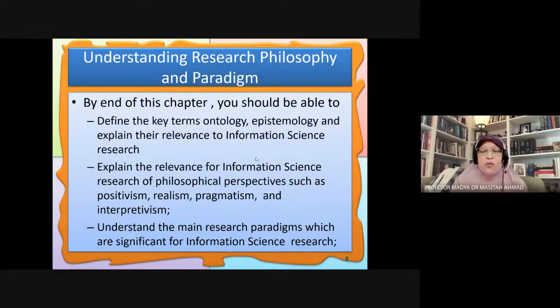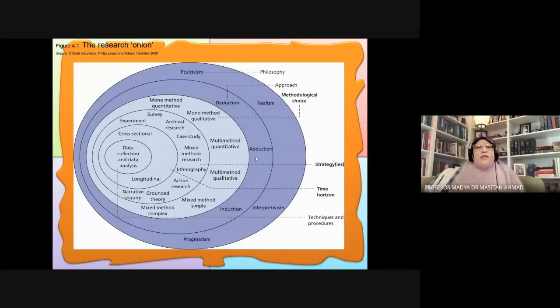Okay, let's go to the next slide. Before we go further into details regarding research philosophy, you can look at this research onion. This is another guideline for us when we are doing research.